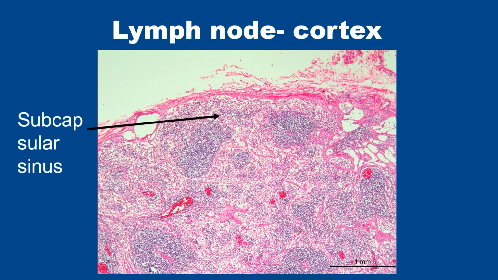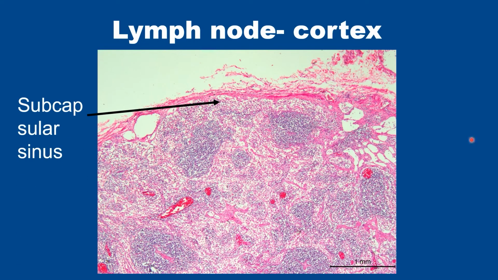The cortex of the lymph node, as you see here, contains the subcapsular sinuses, and the lymph from the subcapsular sinus passes to the medullary sinus, and comes out as efferent lymph vessels.